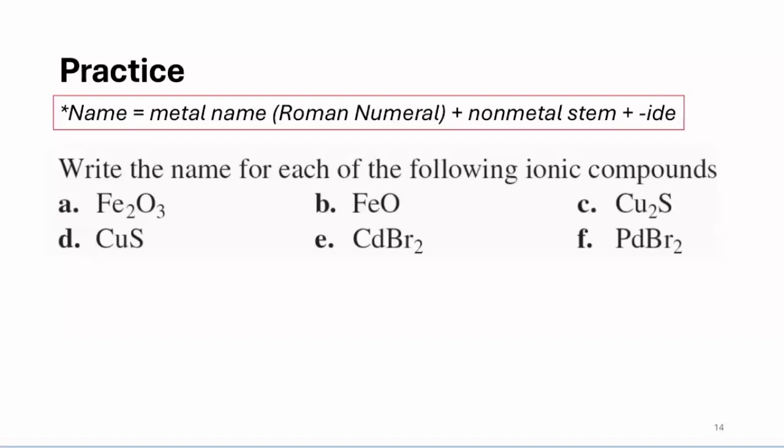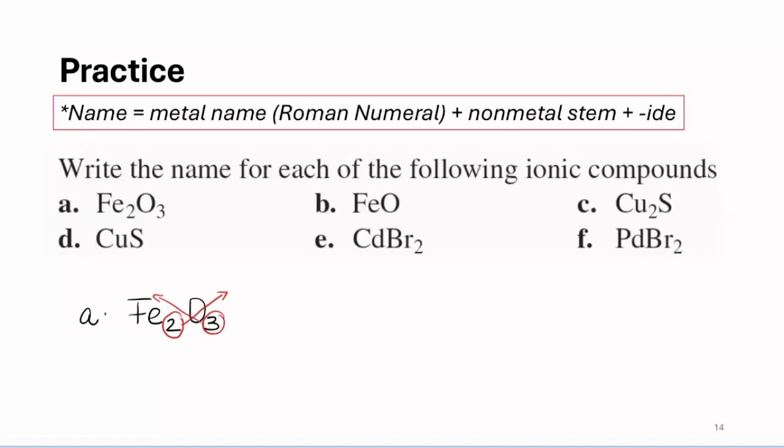So if you look at the chemical formula for letter A, and I'm just going to rewrite it, Fe2O3. If I'm trying to break this into ions, all I'm going to do is reverse the process that we utilize for writing chemical formulas. What that means is that this subscript of 2 used to be the charge of the iron, and that subscript of 3 used to be the charge of the oxygen.